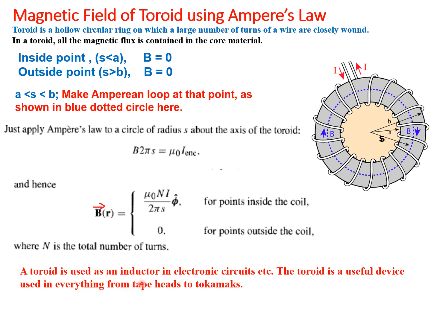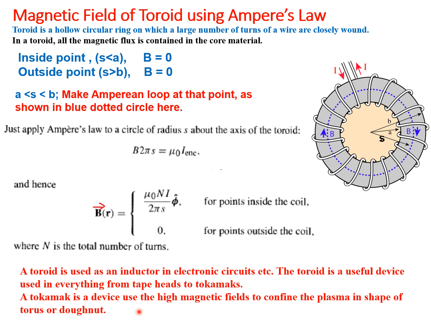Toroids are used in inductors in electronic circuits, and also in tape heads, up to big devices like tokamaks. Tokamaks are devices which use very high magnetic fields to confine the plasma in the shape of a torus or donut. In this kind of shape, high magnetic fields are used. So this is how we can find out the magnetic field for the toroid.